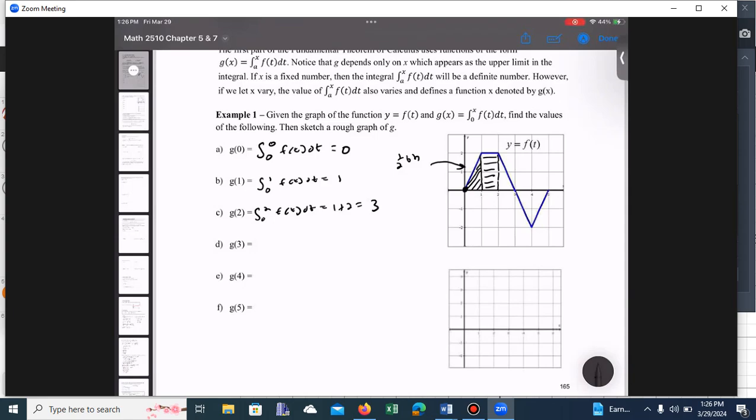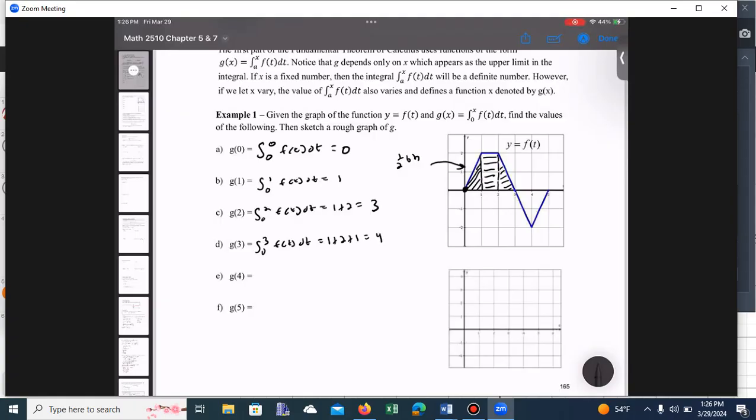Then g of 3 is the integral from 0 to 3 of f of t dt. We're adding on this triangle, that area, which is just going to be 1. So we have 1 plus 2 plus 1, which would be 4.